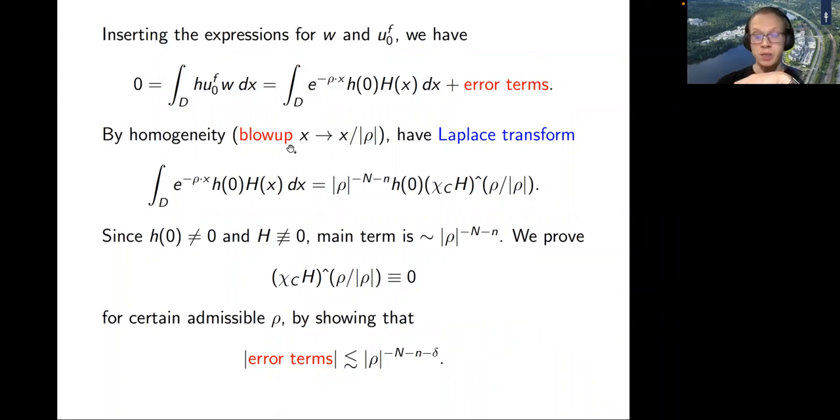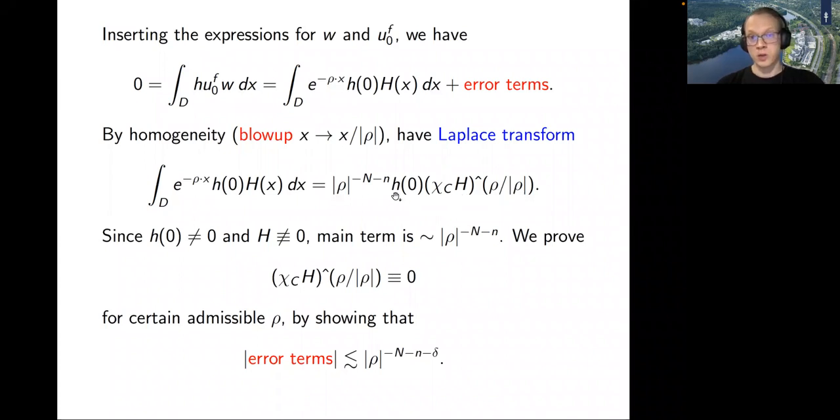This blow up thing comes up in the free boundary approach as well. So the main term becomes a Laplace transform. It's some power of the norm of ρ. You have h at 0, and then you have a Laplace transform of the polynomial H times the characteristic function of the cone. So you have the Laplace transform of that at some complex vector, ρ divided by the norm of ρ.